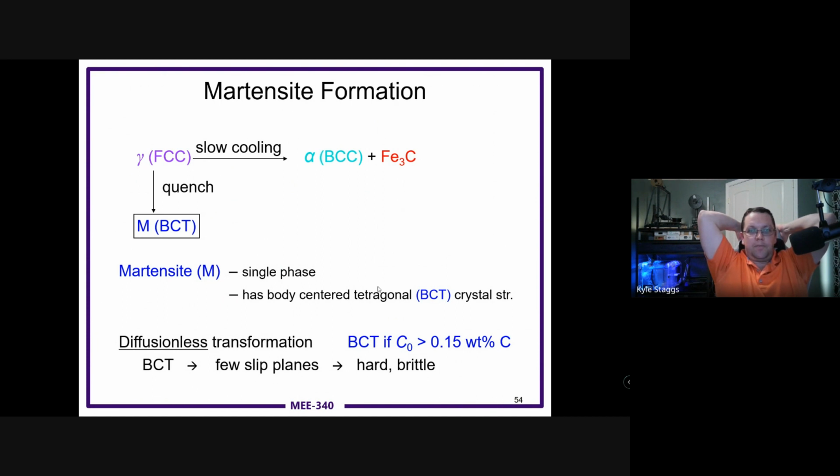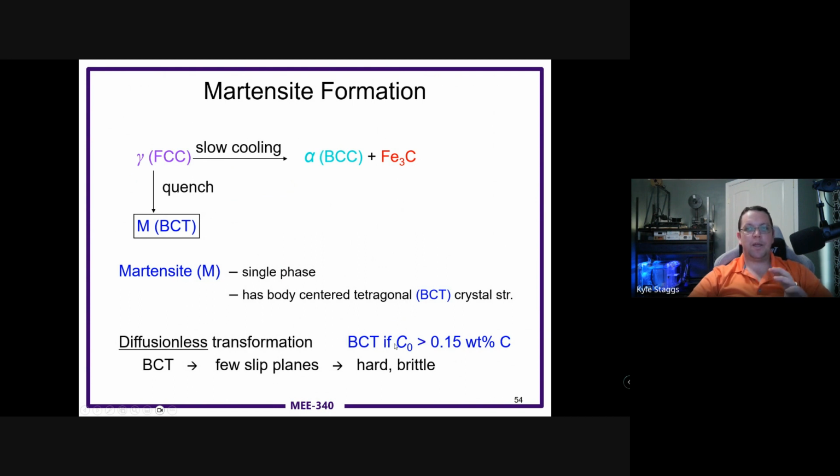And just like in a solution, a liquid solution or something of that nature, there's a lot of options for where the carbon can be in that phase diagram.